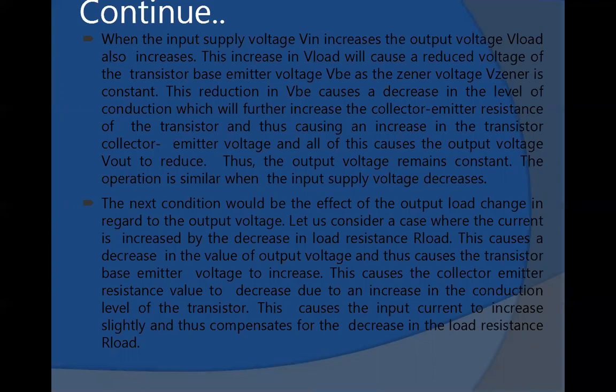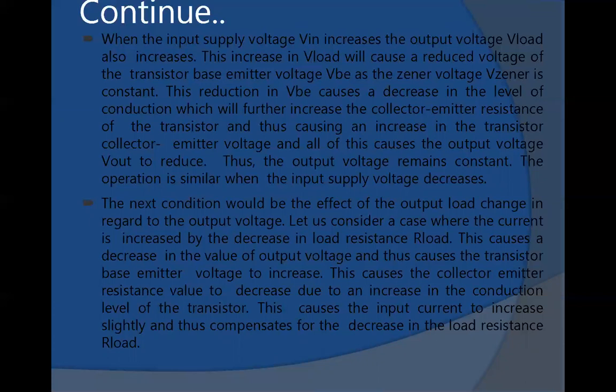This reduction in VBE causes a decrease in the level of conduction, which will further increase the collector emitter resistance of the transistor and thus cause an increase in the transistor collector emitter voltage, and all of this causes the output voltage V out to reduce. Thus, the output voltage remains constant. The operation is similar when the input supply voltage decreases.